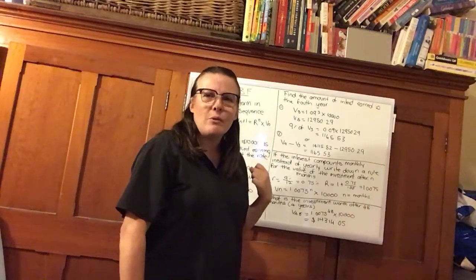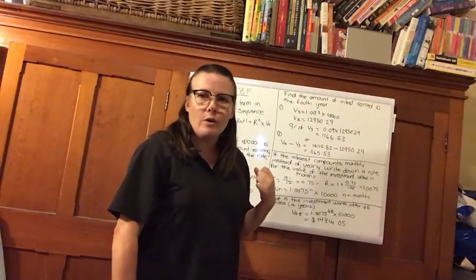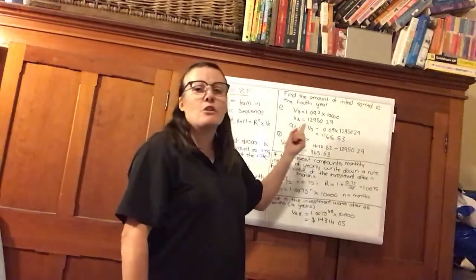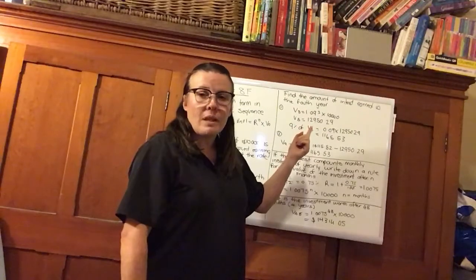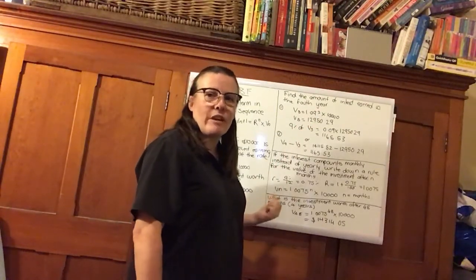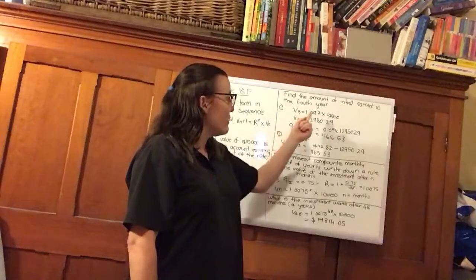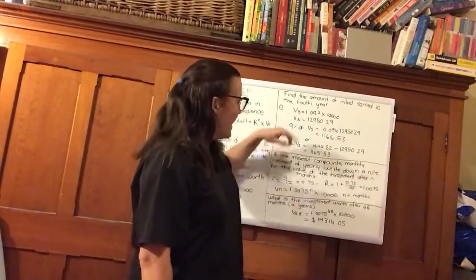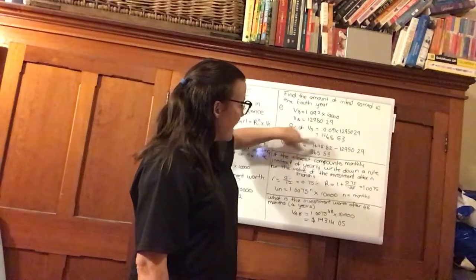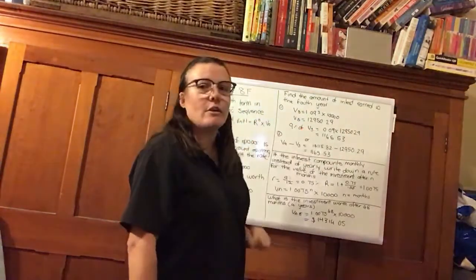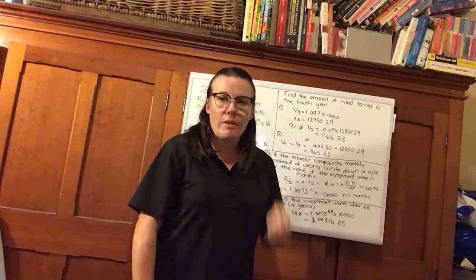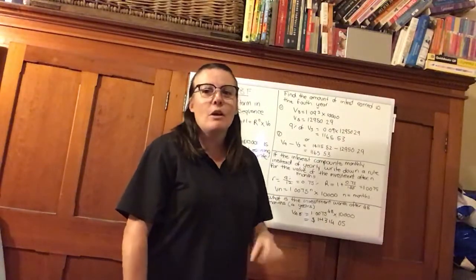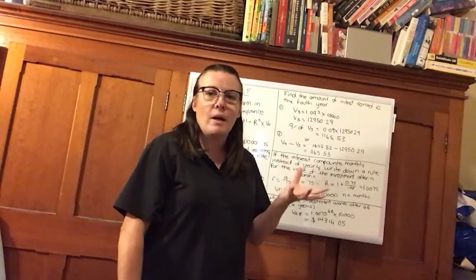Obviously, if you haven't already worked out the V4, you might go with the top method. But since we'd already worked out the V4, it's quicker for me just to work out the V3 and subtract them. And as you can see, I get exactly the same value. There's absolutely no difference. They will both give you the same value.